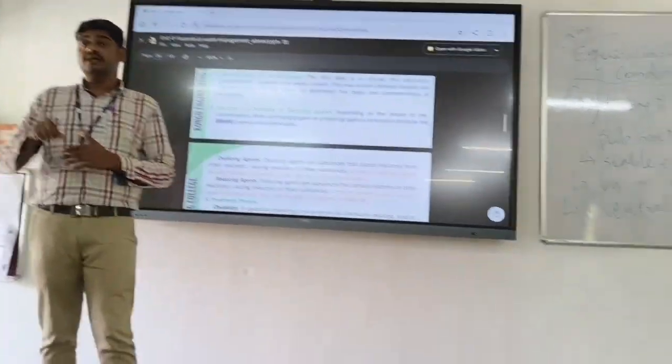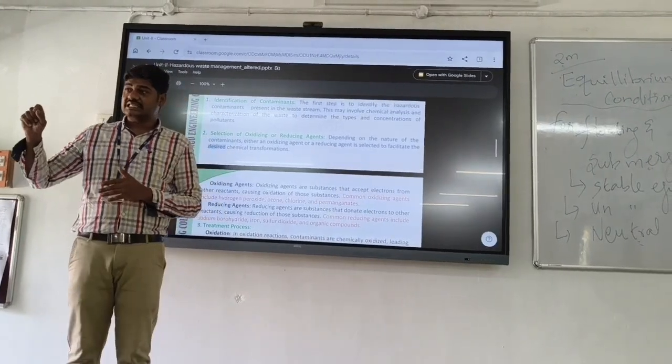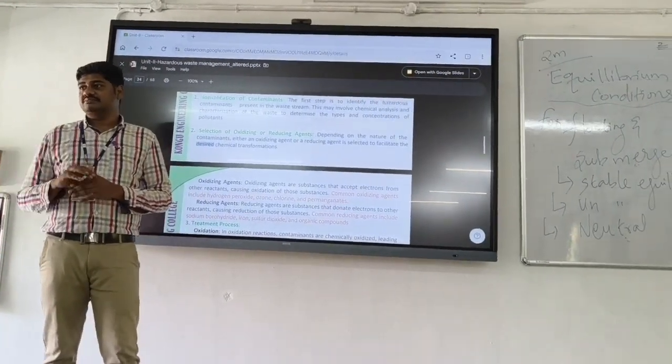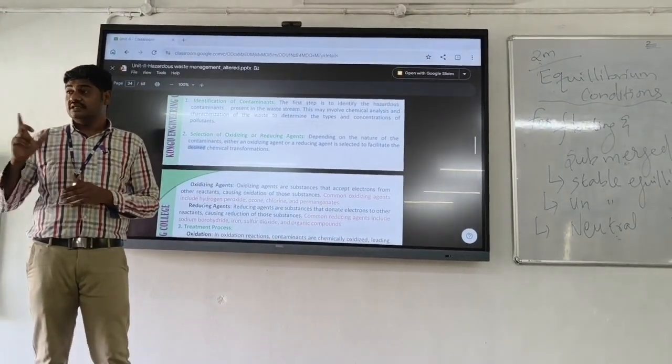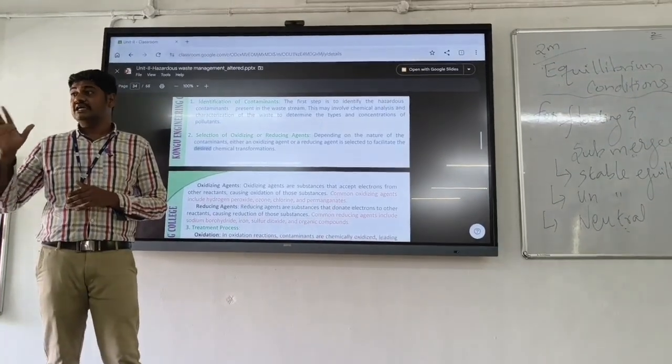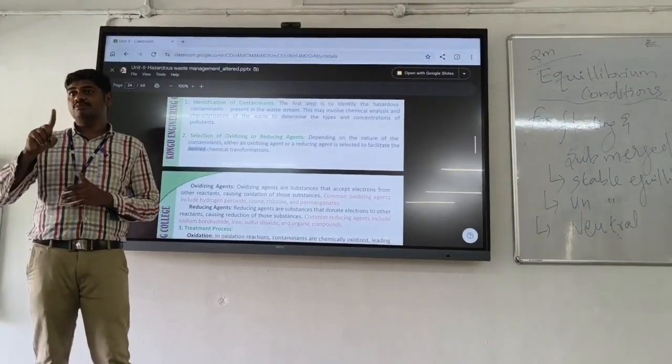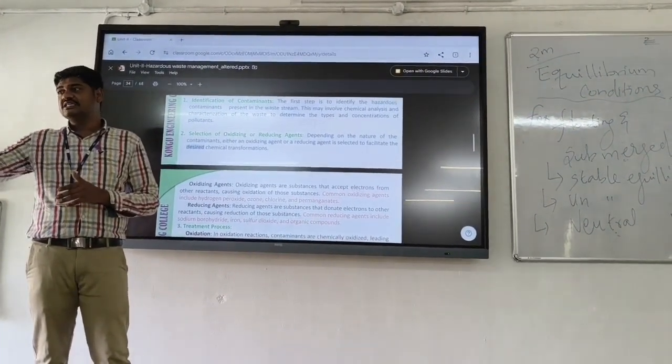So here Fe2+ acts as a reducing agent, and KMnO4 acts as an oxidizing agent.